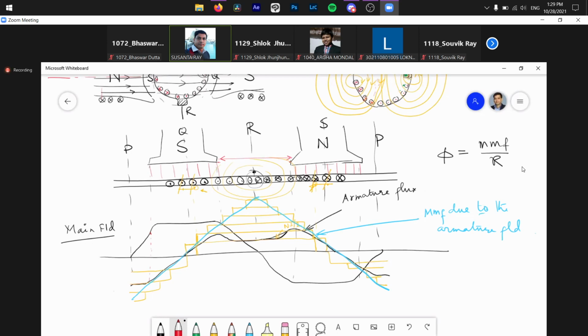It will have a slightly positive value. At this point, it may be negative, like this, and then it will have a peak at these two, because here both components have peaked. Both the components have a peak at that position, so it will have a peak at that point. Then it will reduce. At some point, it will cross 0 again. And again, this side also, it will have a peak at that point. So it will be the nature of the resultant flux. So this is the resultant flux.